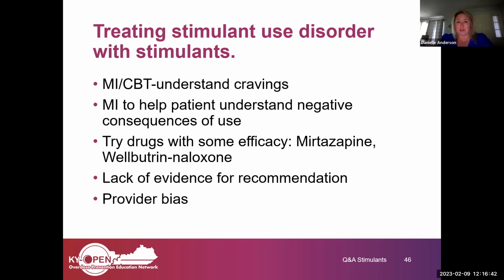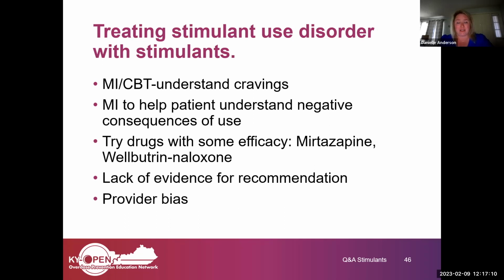From a clinical perspective, if someone has an opioid use disorder that is well managed with buprenorphine or Suboxone, and they also have a stimulant use disorder, there's not really an indication to stop the buprenorphine. We don't want to stop treating one disorder because someone has another disorder. We want to find a way to treat the stimulant use disorder.